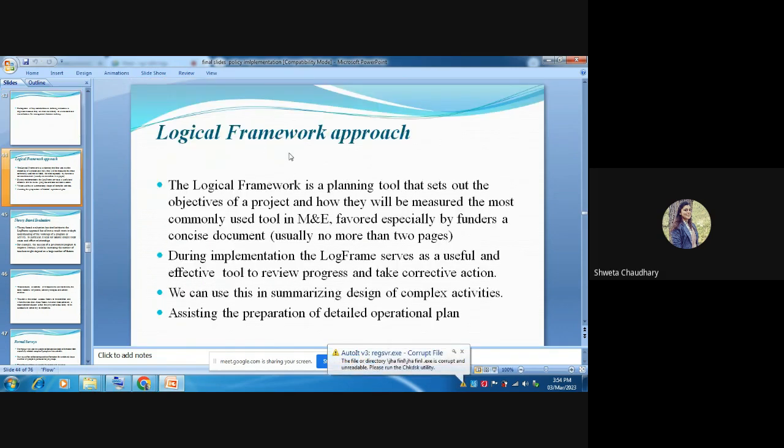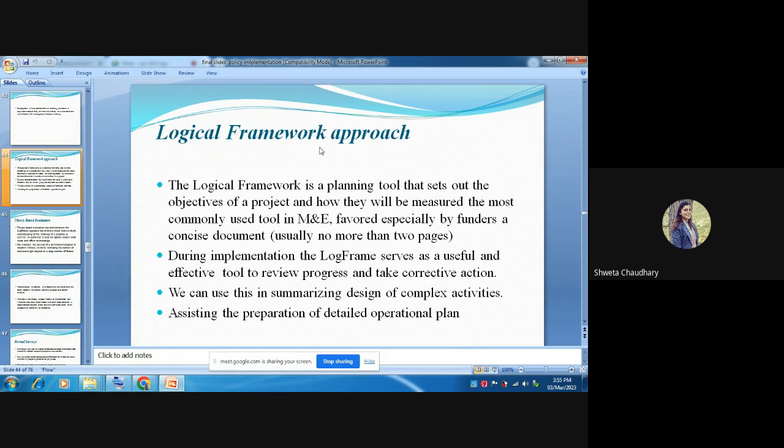The second one is the logical framework approach. In the logical framework approach, a log frame is created.